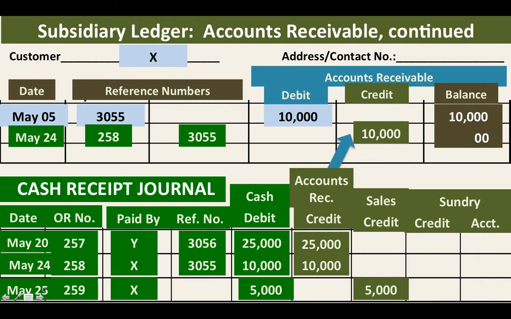Yung transaction ng May 25 is about, yes, there was a receipt of cash, but it's not in relation to accounts receivable, but it is a cash sales. So, hindi natin siya i-record sa subsidiary ledger. Ang i-record lang natin ay ang transactions with regards to accounts receivable.